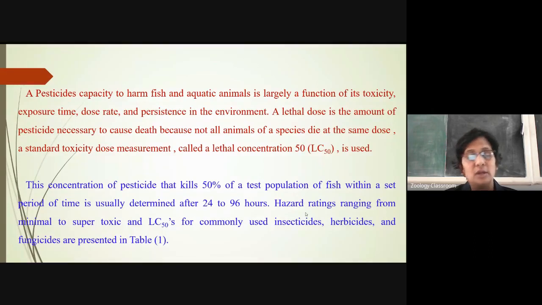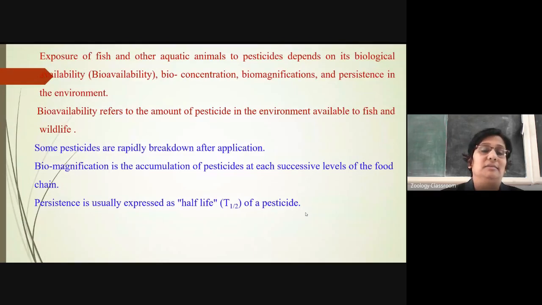Okay, so next, the exposure of fish and other aquatic animals to pesticides depends upon bioavailability, that is biological availability. Bioavailability refers to the amount of pesticide in the environment available to fish and wildlife. Some pesticides break down rapidly after application.